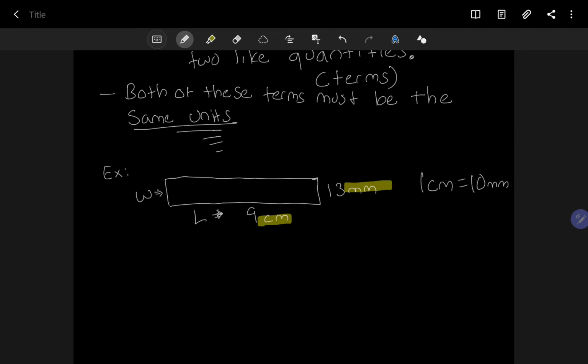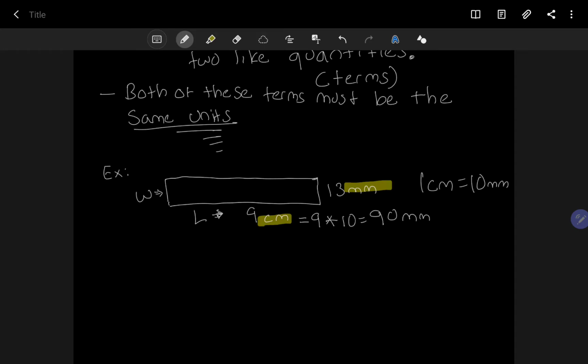So, if I'm comparing both of these, I need to make sure first that they're in the same units. This is millimeters, this is centimeters. So, in order to make centimeters into millimeters, I just need to multiply by 10. And so this is 90 millimeters.